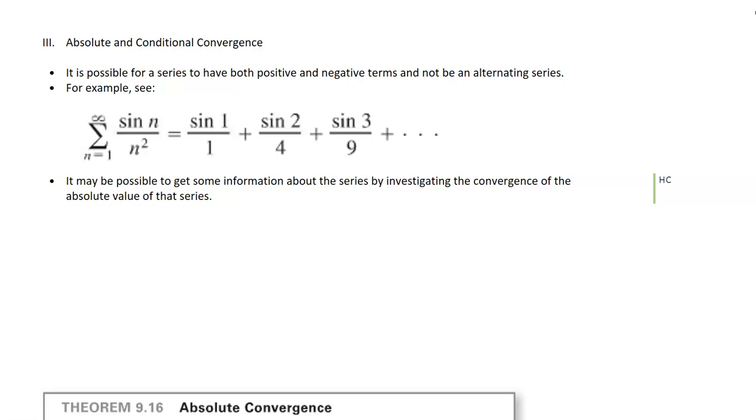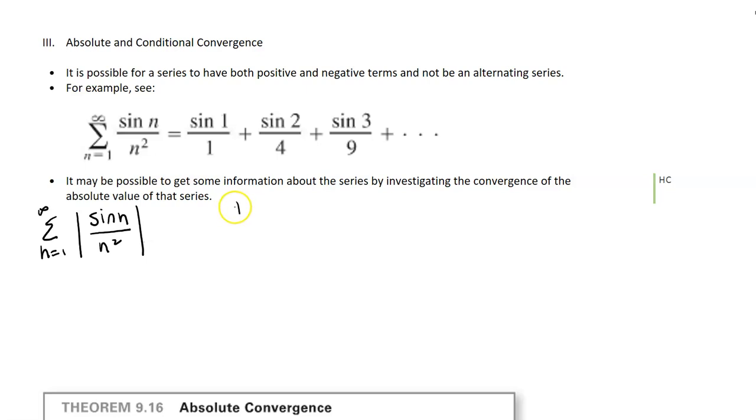So it may be possible to get some information about the series by investigating the convergence of the absolute value of that series. For this one, I'm going to look at the sum from 1 to infinity of the absolute value of sine of n over n squared. I'm going to look at a couple of things.